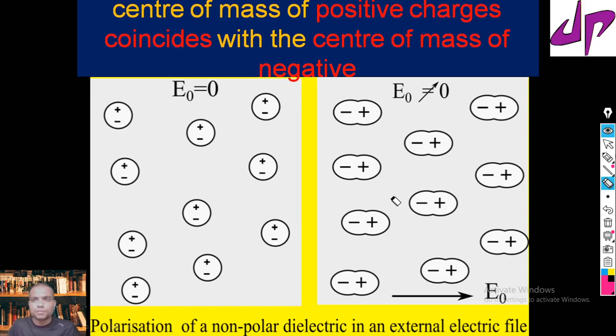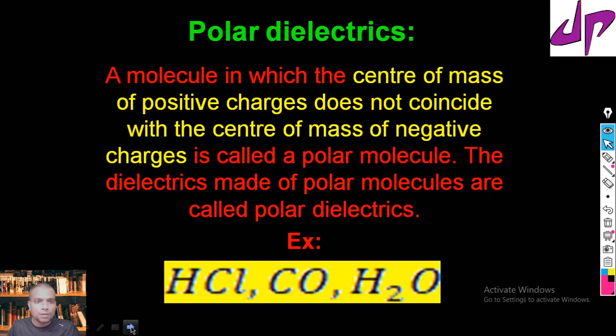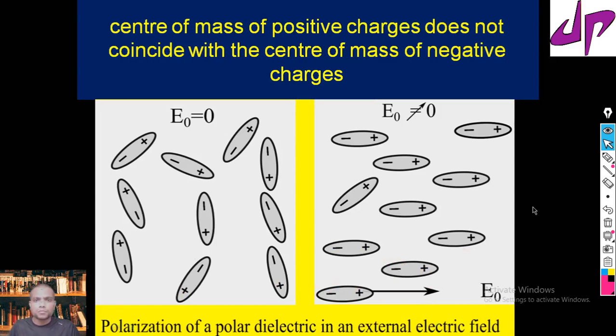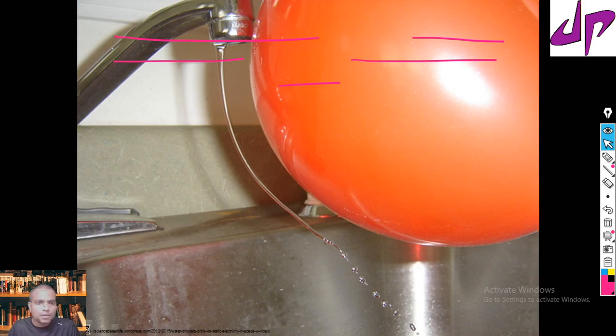In this case, suppose I take the same for polar molecules. For polar molecules, according to the definition, the center of mass of the positive charge does not coincide with the center of mass of the negative charge. Here we can see one of the structures of a polar molecule. Their centers of mass are not coinciding.